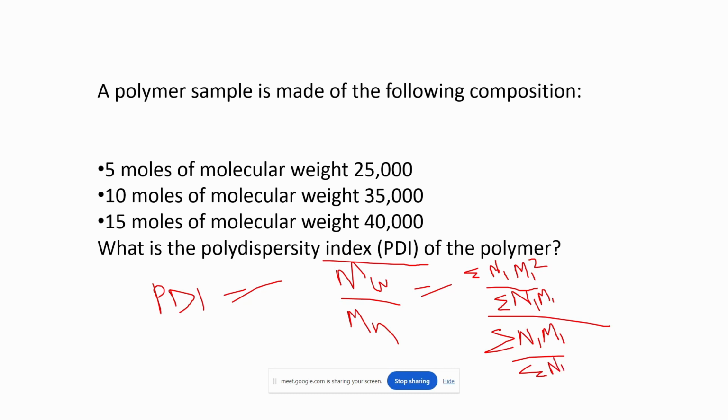So here N is the number of moles and M is the molecular weight.